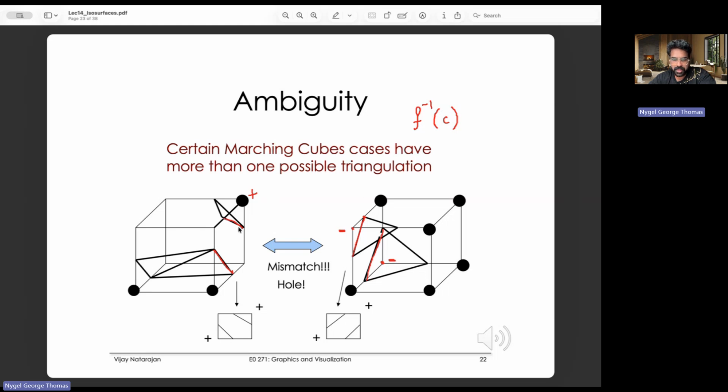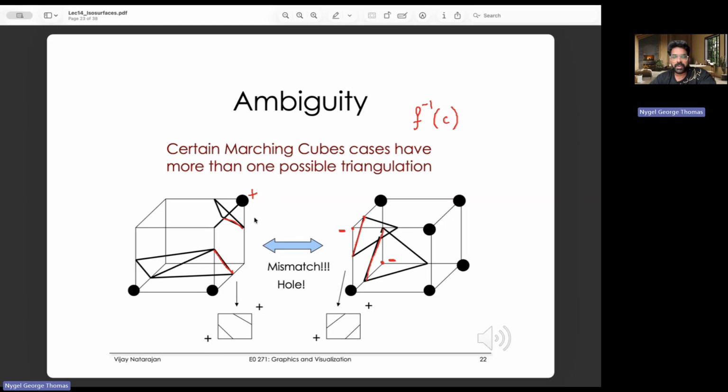For this cube, you see that the isosurfaces are connected in this direction, and the isosurface for the other cube is connected in the opposite direction.